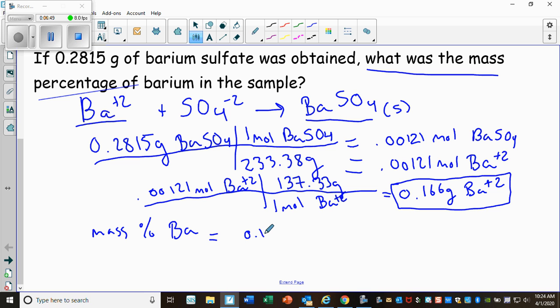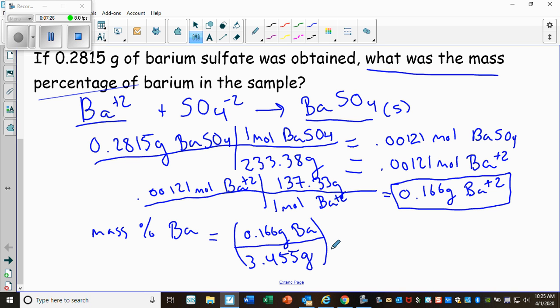So that's the 0.166 grams barium over, let me just make sure my decimal is correct here, the 3.455 of that total. And one important thing to make the point of, it's a really good thing that the mass of the barium is less than the total, because if it were not, we would get a percentage greater than 100, and this would not make any sense.